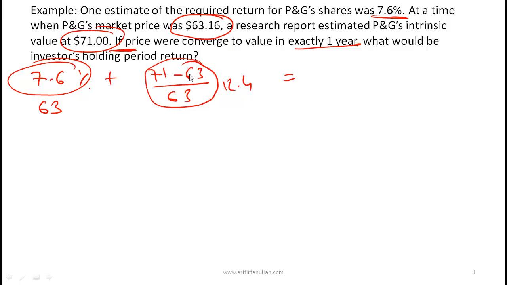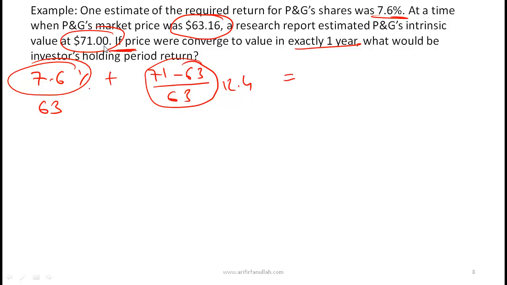This is straight out of the curriculum. The philosophy is this, and it's not really debatable, or it's not going to be debated right now. There is a 7.6% required return based on the stock, and the research report says intrinsic value is 71.